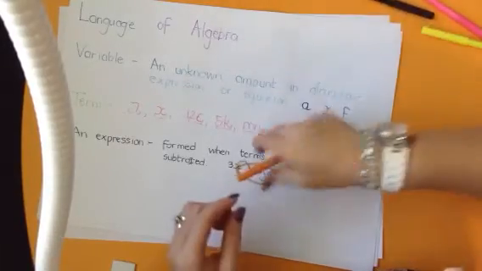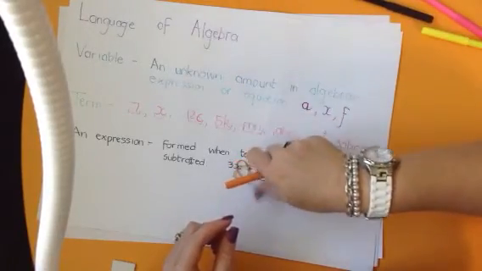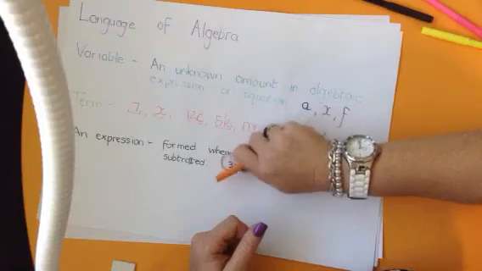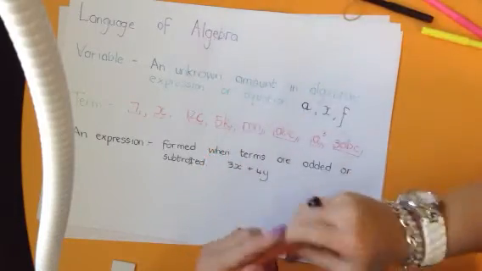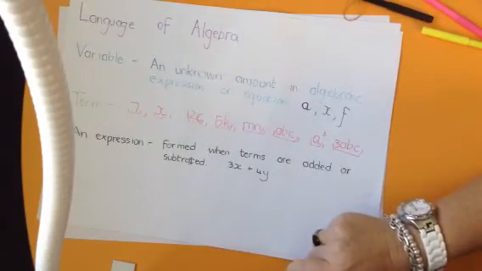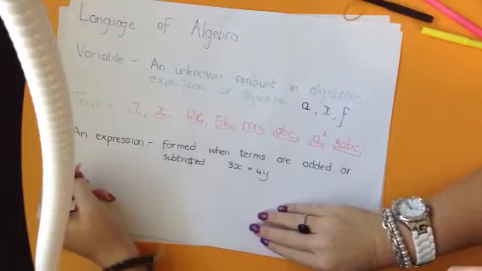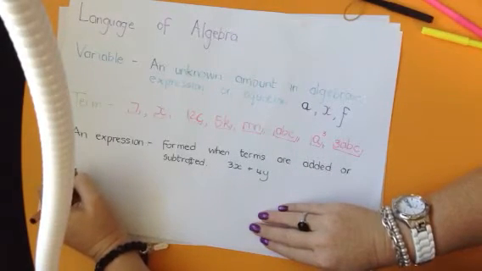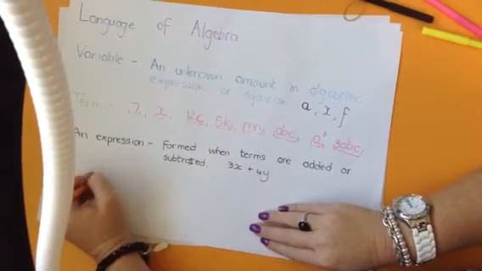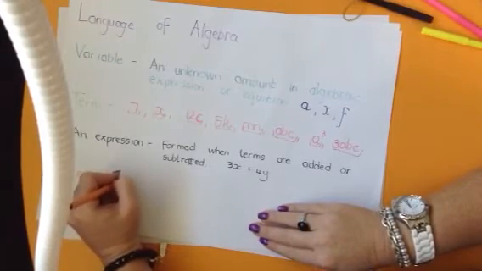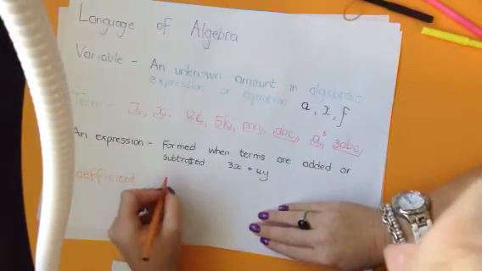Alright, the next one we're looking at is a coefficient. Now, a coefficient is written in front. Remember, the numbers come first, and that's what the coefficient is. So a coefficient is the number written in front.